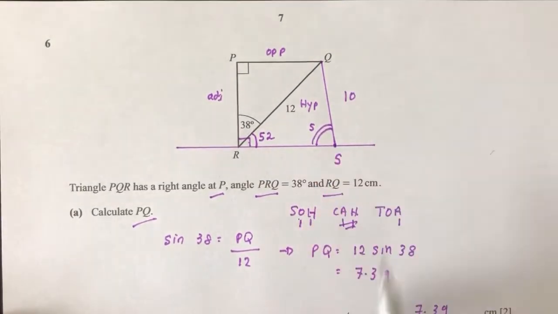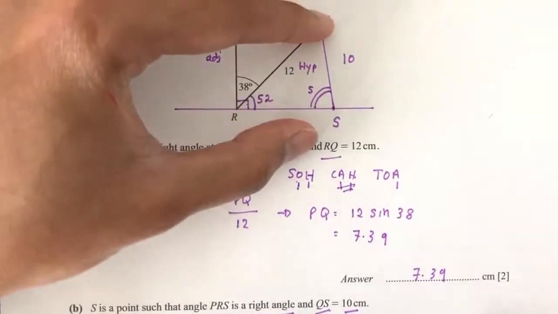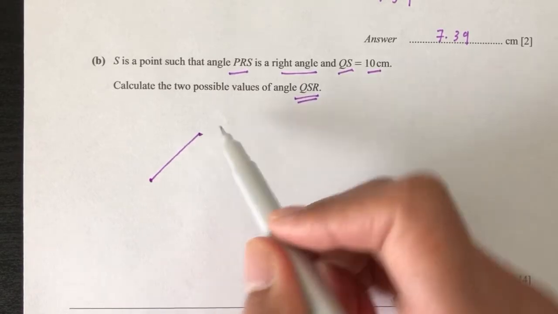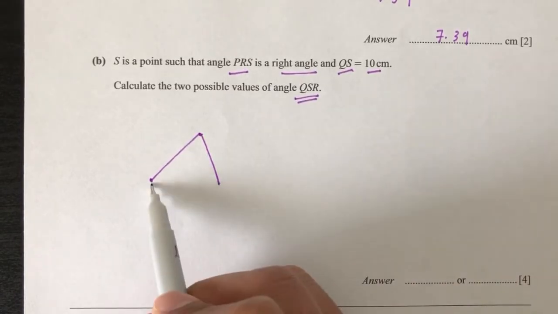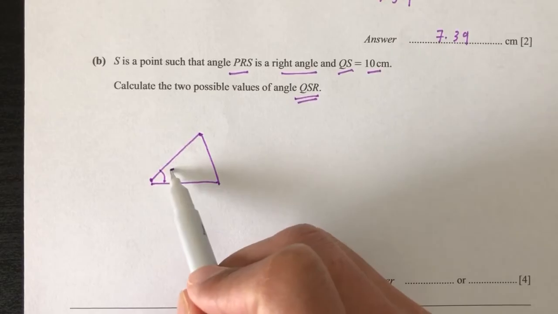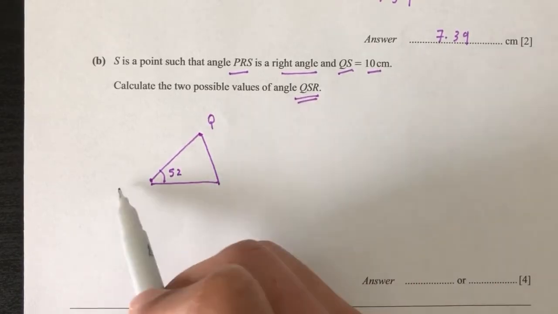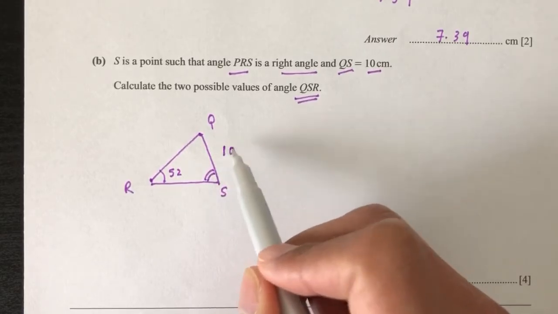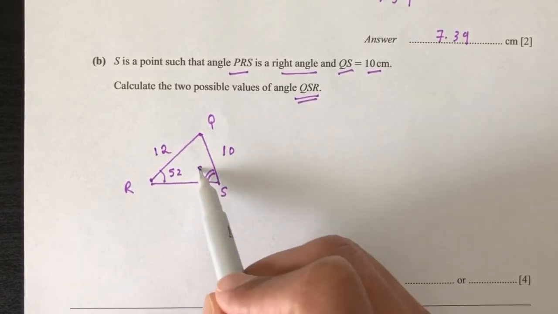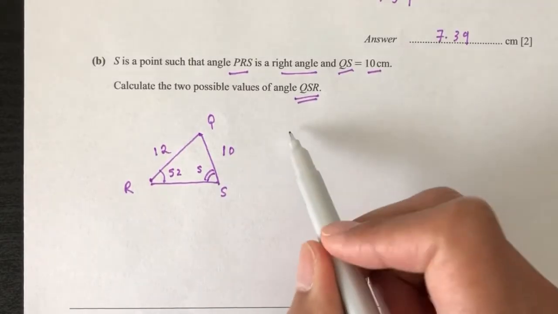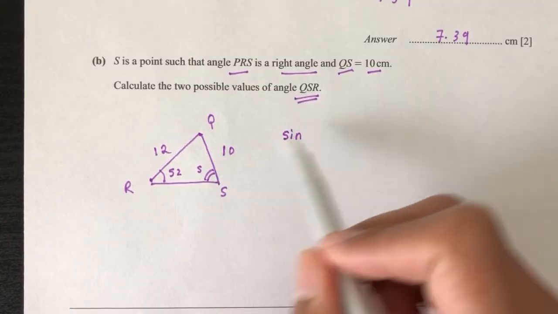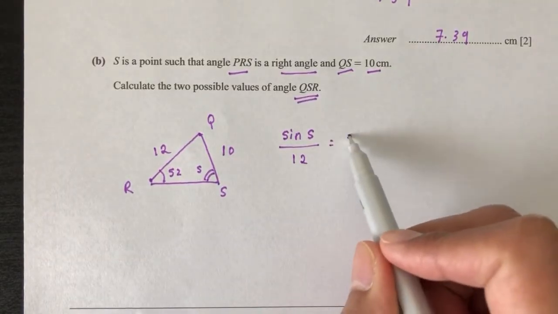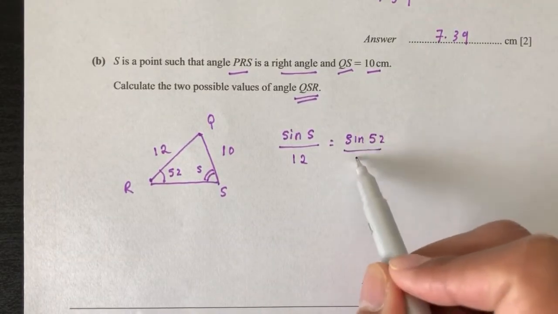So here we have to use the sine rule. So let's take this drawing down. Let's see what do we have. So this is the point R, point Q, and this is point S. Angle here is 52. It's Q, R, S. This one is 10, and this one is 12. Find the angle S. So we have to use the sine rule. Sine of angle S over 12 is equal to sine of 52 over 10.